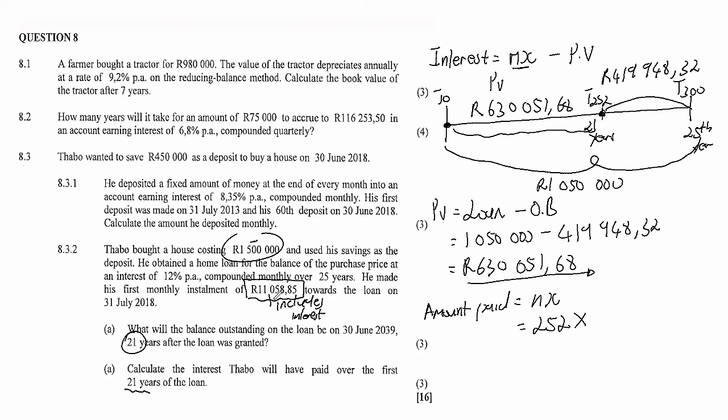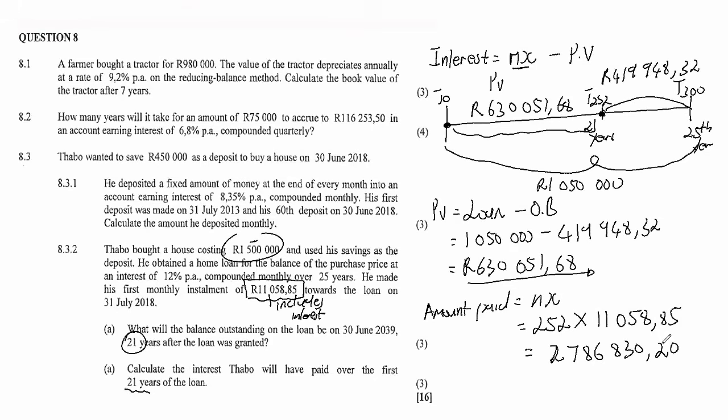But then the monthly installment that is being made there is 11,058.85. Now the total amount that will be paid over the 21 years by Thabo is 2,786,830.20.